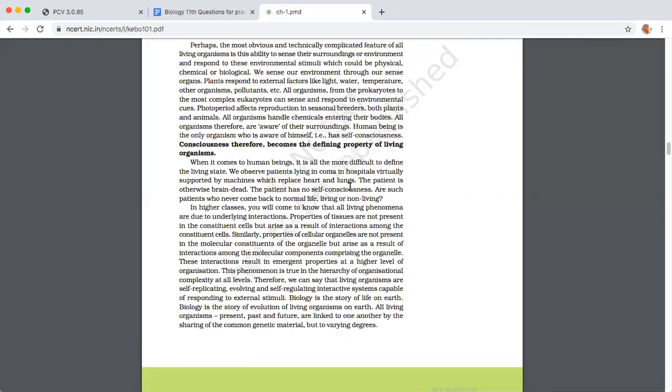So you read this, starting from here. The answer will be somewhere till this point.